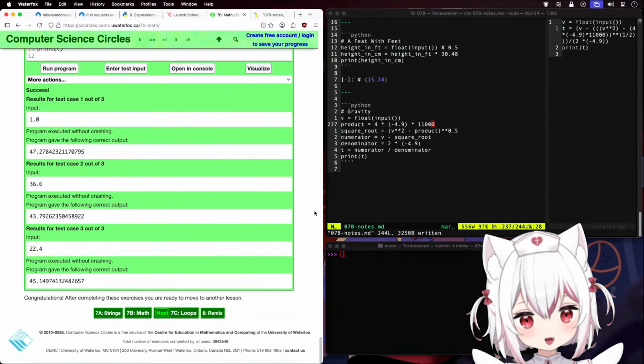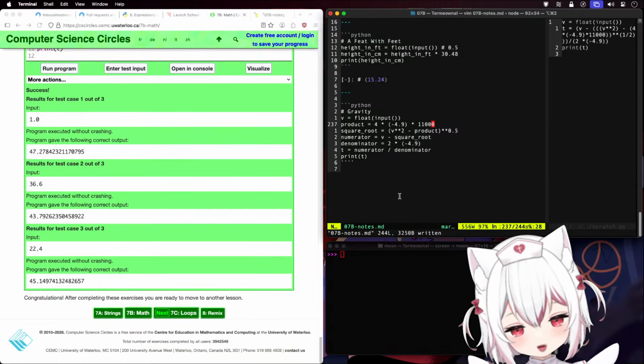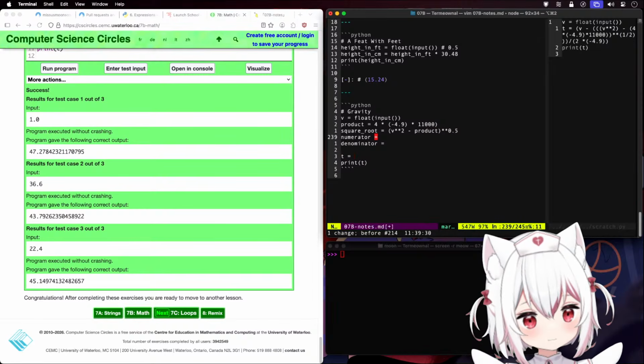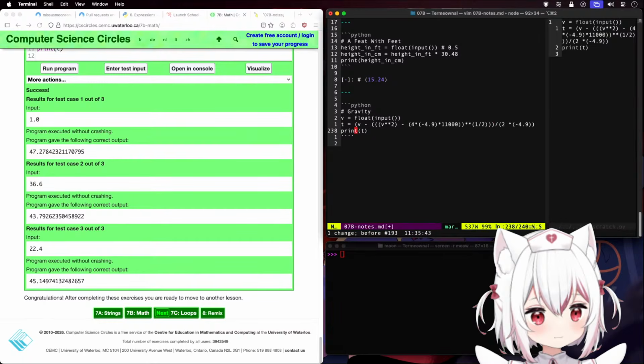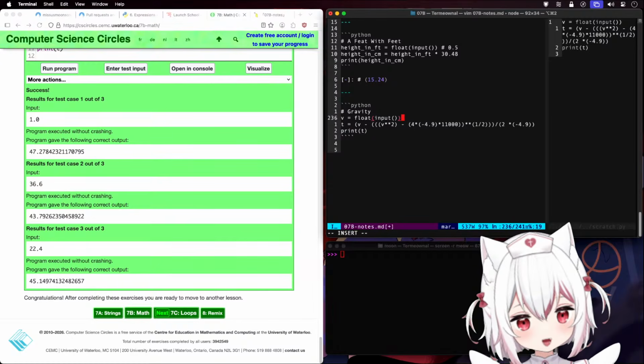Anyway, I did finish this technically. Do I like this one? No, I like the other one. I gotta go back. It prints the thing. It prints the thing.